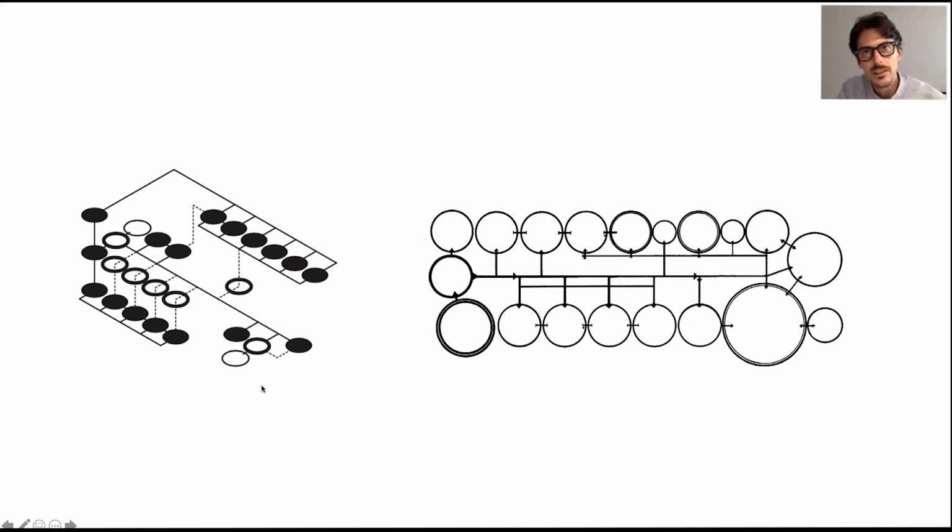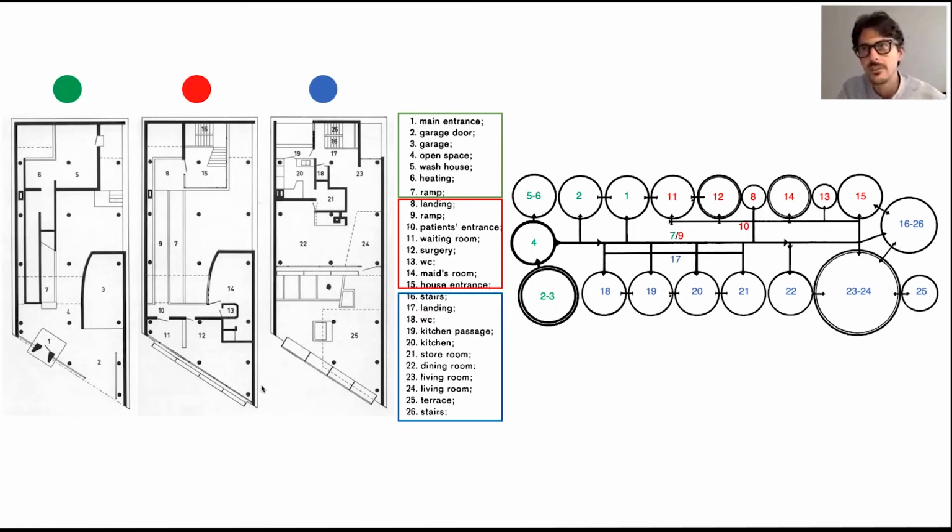Therefore, I took it as a reference, and I placed all the items that come from the list inside this diagram. But in order to do this operation, I had to apply a certain logic.